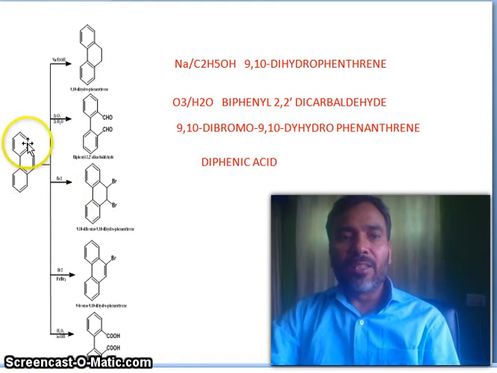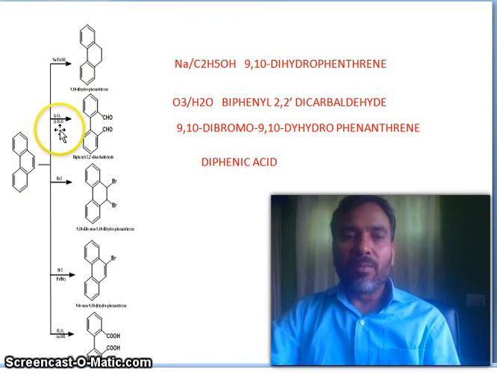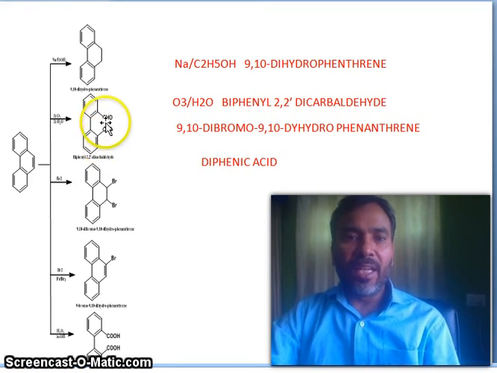You see here, phenanthrene undergoes reduction, already seen. It undergoes ozonolysis and gives biphenyl-2,2'-dicarbaldehyde. That is very important because of the fracture of the central ring. Now come to bromine. Under bromination, it gives 9,10-dibromo-9,10-dihydrophenanthrene.